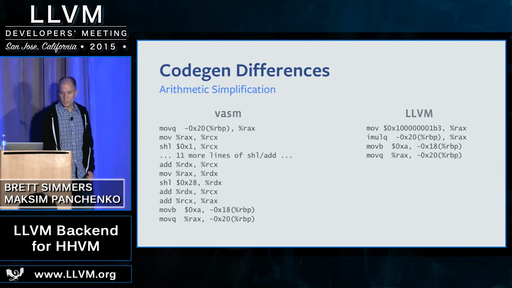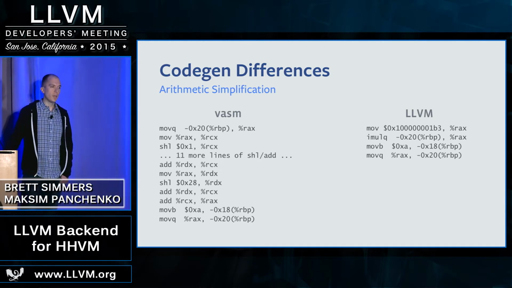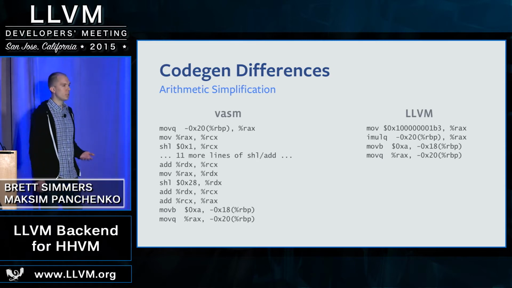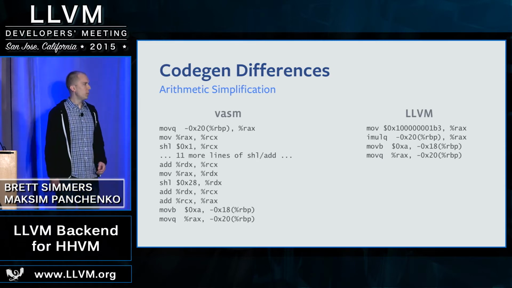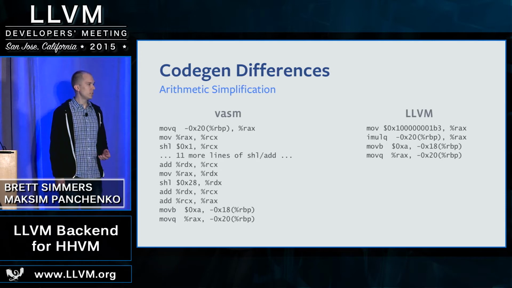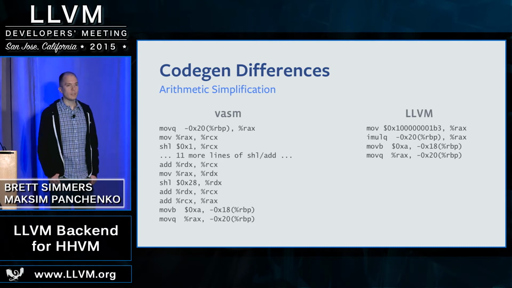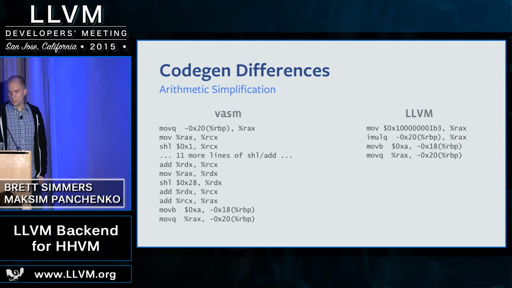And so this is a perfect example of what we were hoping to get from the LLVM backend. Because again, the optimizations to do this are pretty straightforward, and it's nothing that we couldn't do ourselves. But we knew that there's all this engineering time and effort that has already gone into LLVM, and it seems silly to duplicate this stuff when we can take advantage of what's already been done.